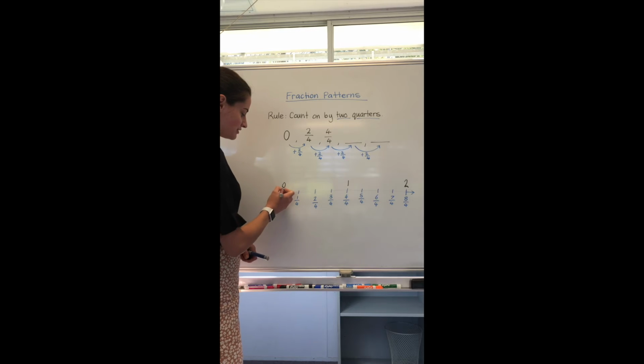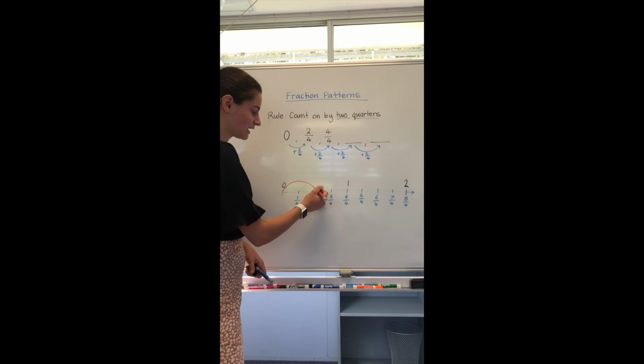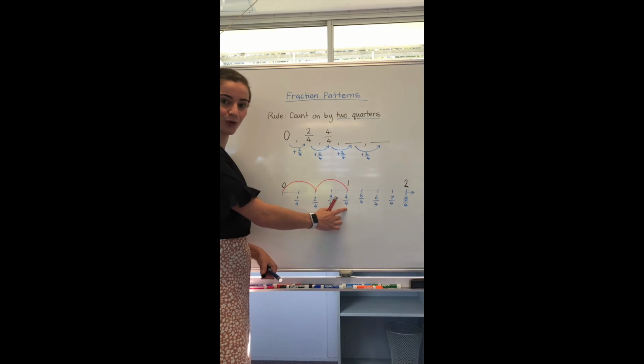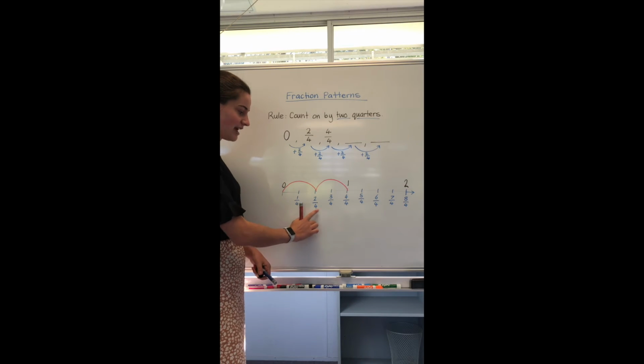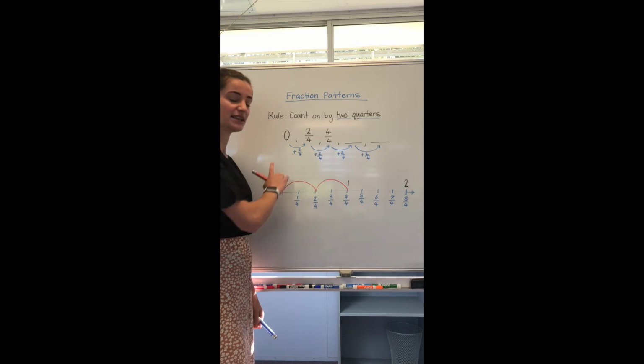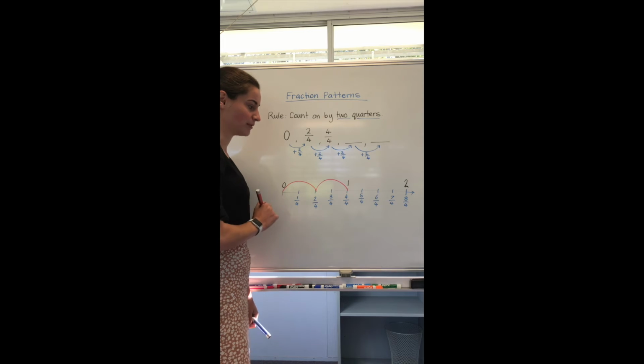This is our first term, 0 wholes. We jump to 2 quarters. And then we jump another 2 quarters to get to 4 quarters. Can you see how we're missing every second quarter? So it's definitely a great idea to draw yourself a number line. It can really help visualize your number pattern.